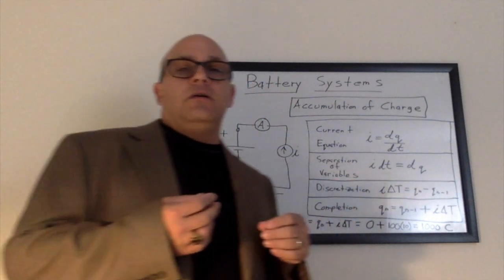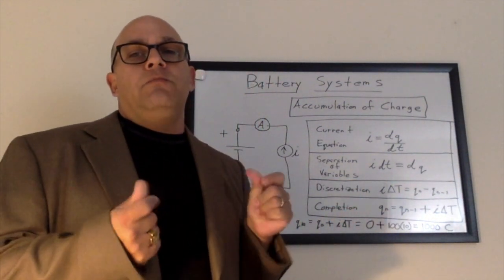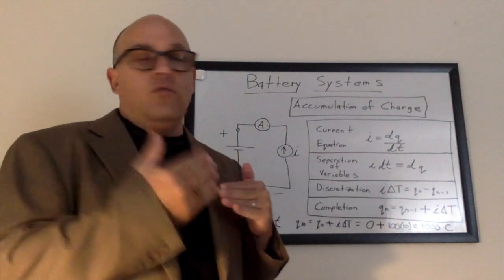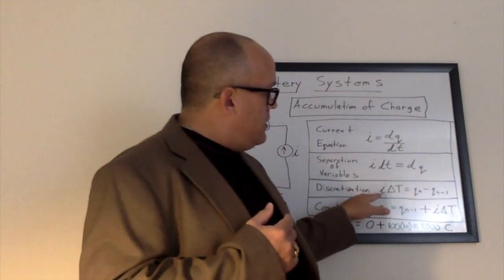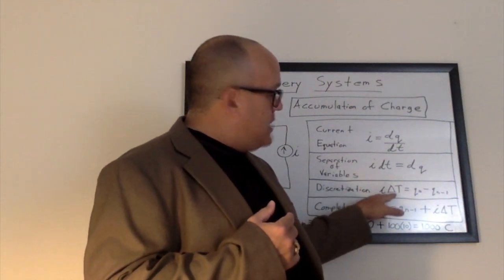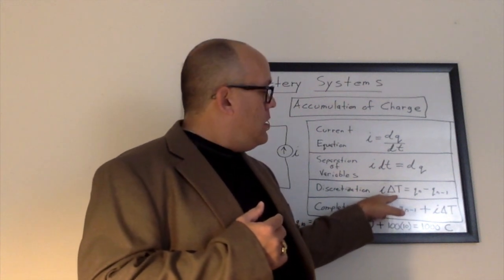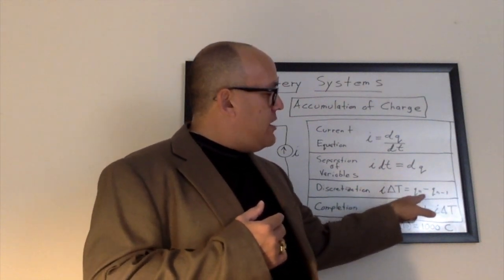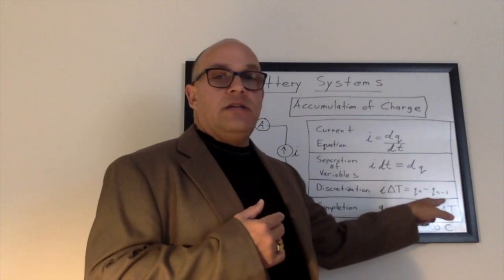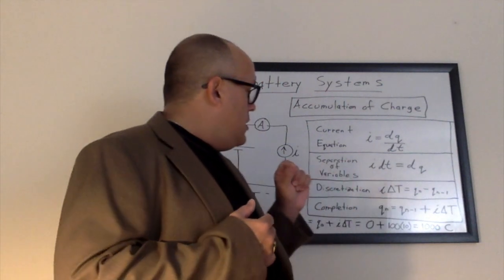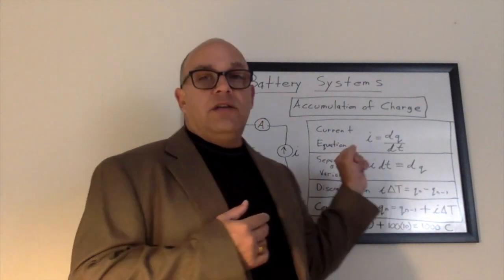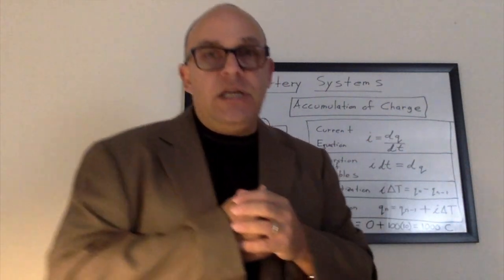Very, very simple in concept. If this is hard to catch immediately, just rewind this. I'll go through it one more time. Current multiplied times the time interval is equal to the charge at time n minus the charge at time n minus 1. Let's rearrange the equation and complete it, so you can plug it into a spreadsheet or a computer algorithm very simply.